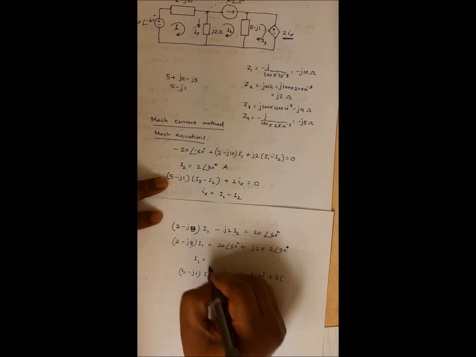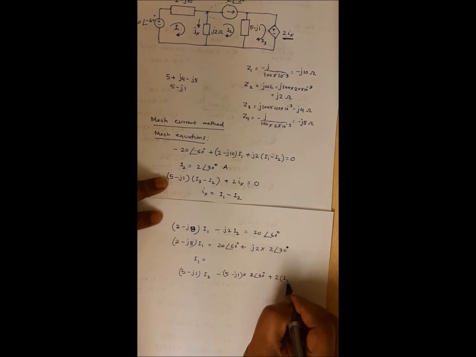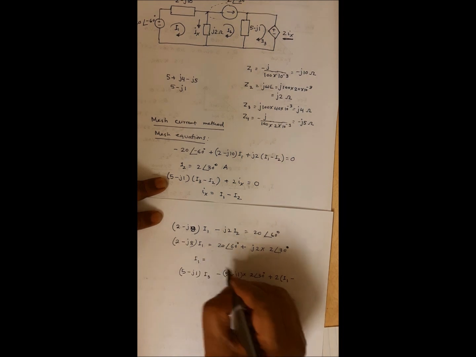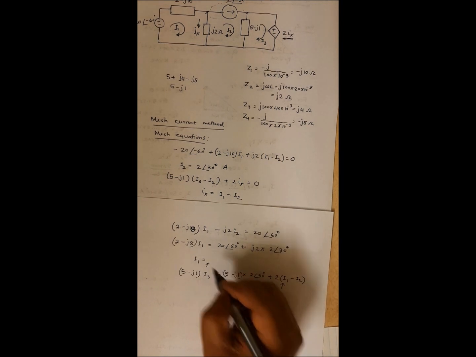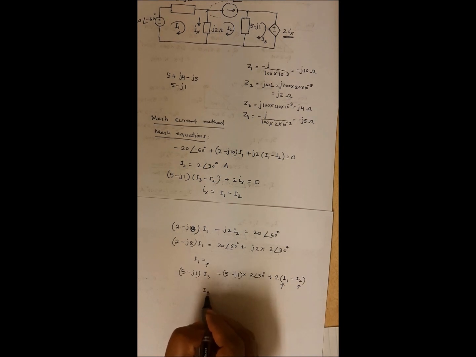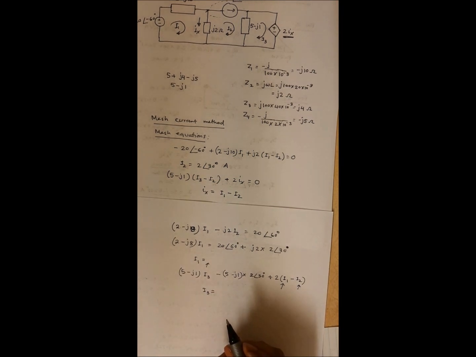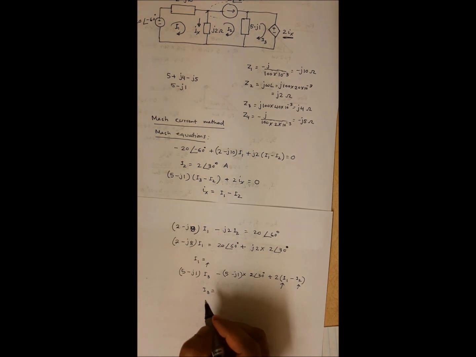Then I1 we already found here, so plug in the I1 in this equation, and I2 you already know, so put I2 here. Then you can easily find I3. So this is how we can find mesh currents. If you want to find the circuit current Ix, the Ix expression you already know, I1 minus I2. You can do this.